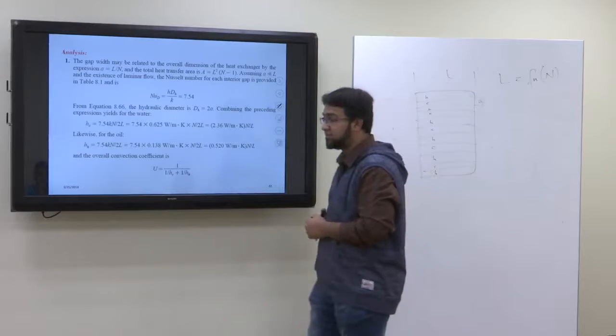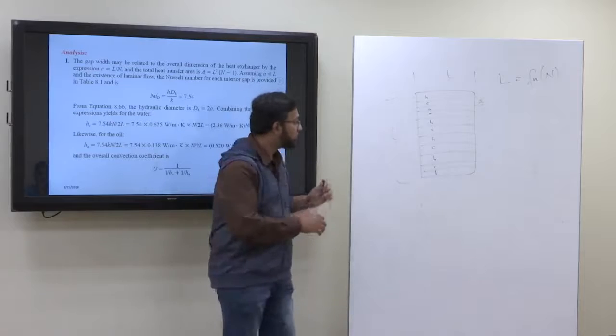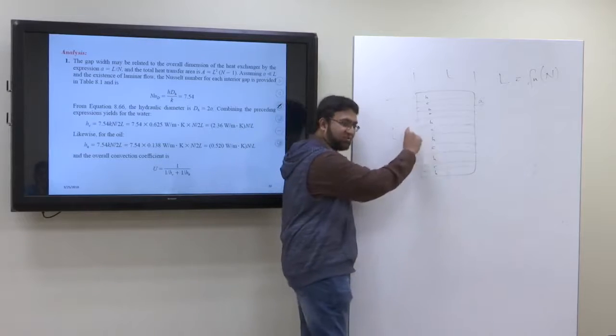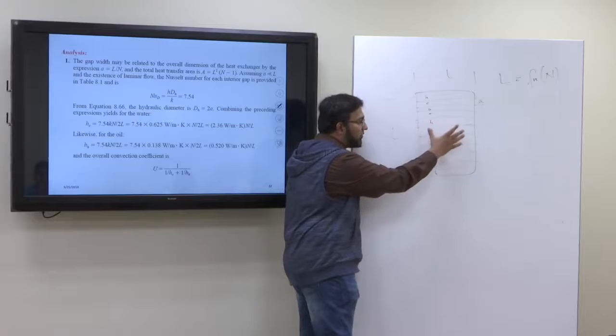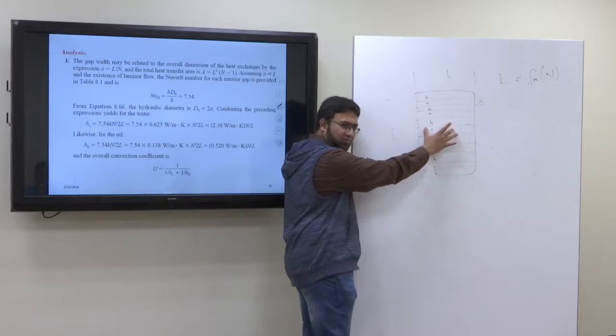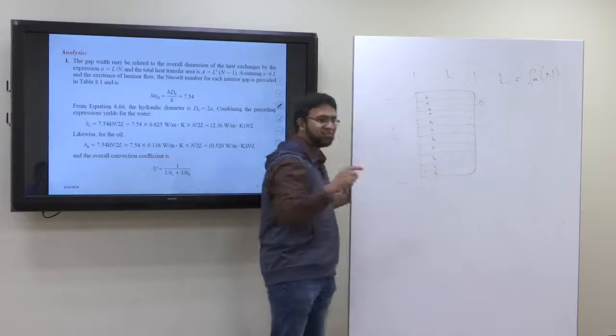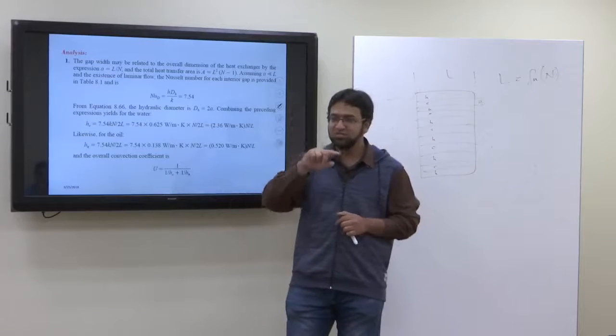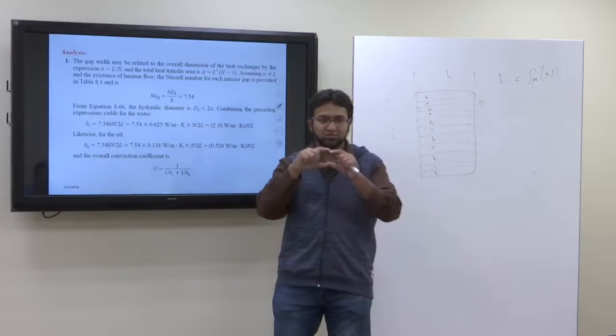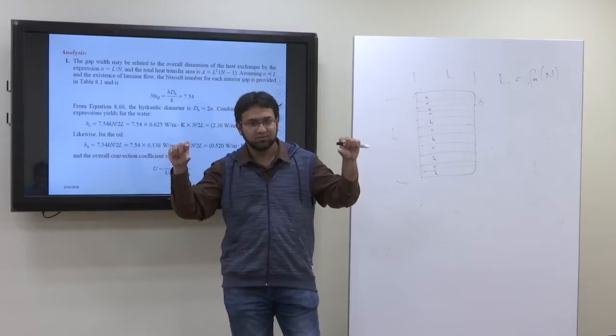Now the thing is that between any two plates, what kind of flow do we have? It's an internal flow. But now the cross section is not circular. Now the cross section is rectangular.